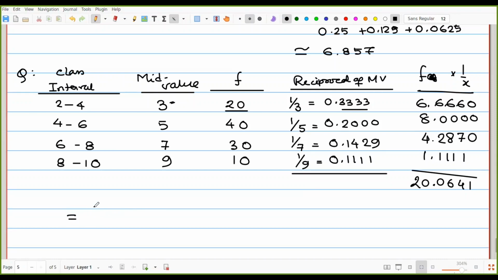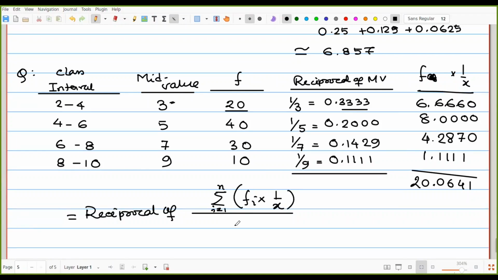So the harmonic mean is the reciprocal of the summation of fi into 1 by x upon n.